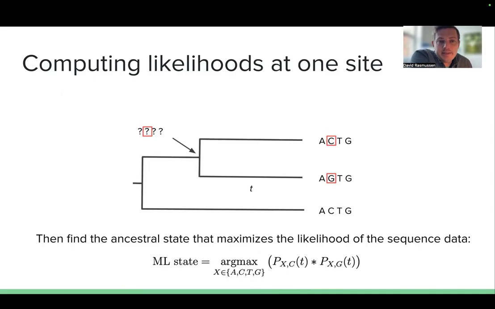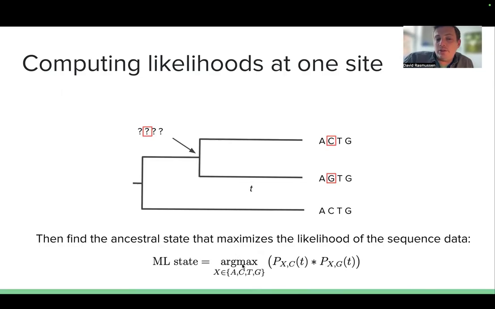And maximum likelihood ancestral reconstruction basically uses the exact same idea, but now instead of considering there to be any particular base here at the ancestral sequence at a given site, we can consider all possible bases, so all four possible nucleotides at this one given site.